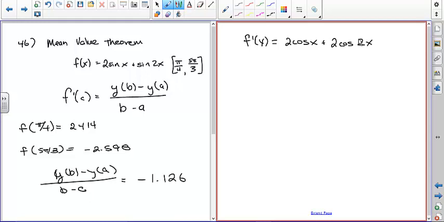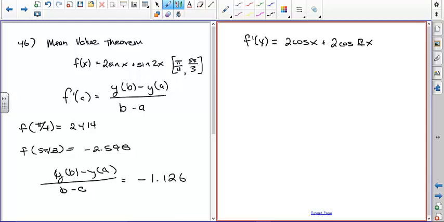The first one's easy, you just take the derivative of the sine. The second one you have to use the chain rule. So the derivative of the sine of 2x is the cosine of 2x, but then you have to take the derivative of the argument, which is 2x. The derivative of 2x is 2. So that's where the second 2 comes from.